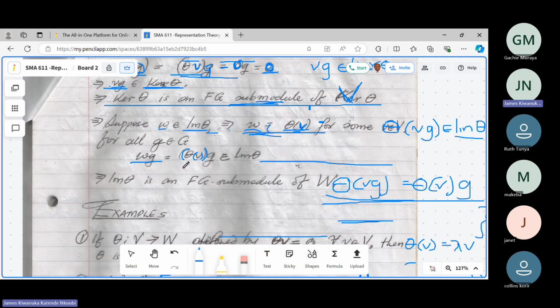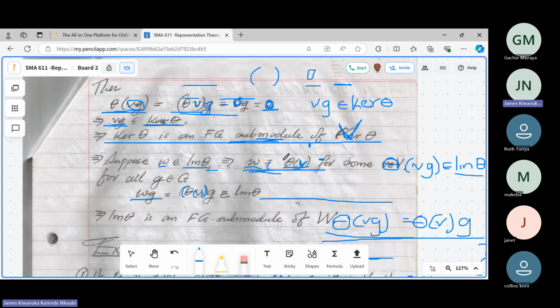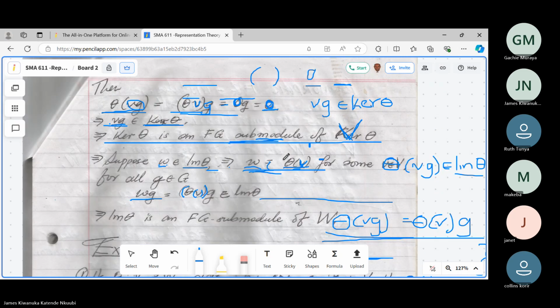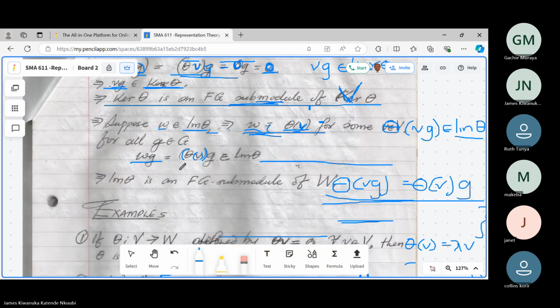And since W is an FG module, this is in the image of theta. I think it's clear.